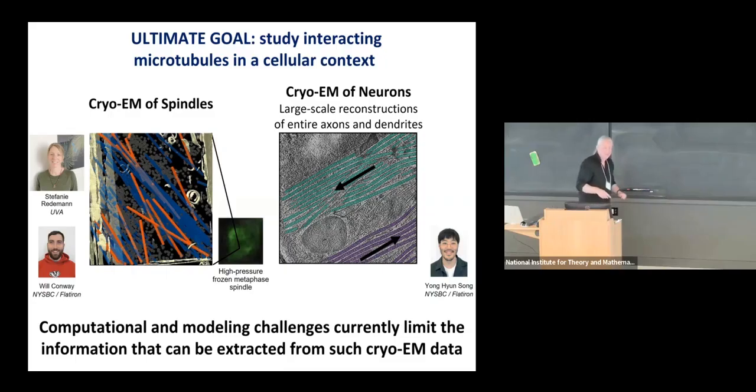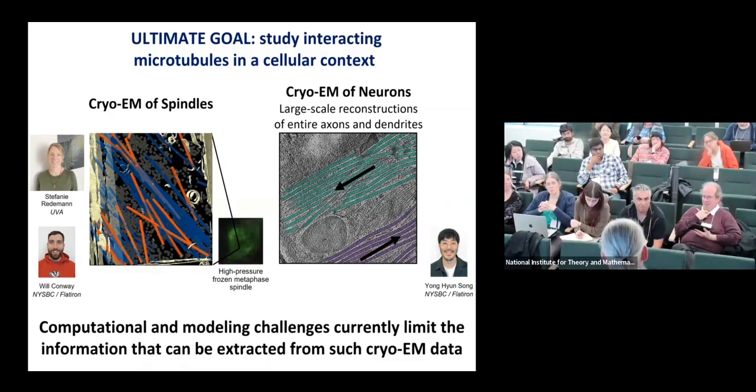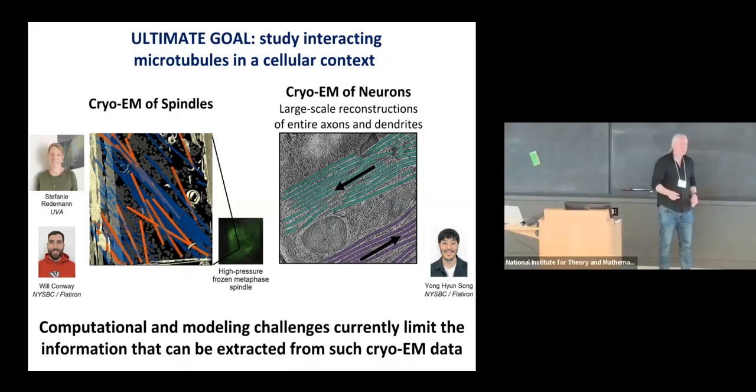Yes. One challenge that I had when working with these types of data is how do you go from static data to dynamics? Do you have any thoughts on that? Oh yeah, it's definitely an important point. I think ultimately one will need to combine different data sets.